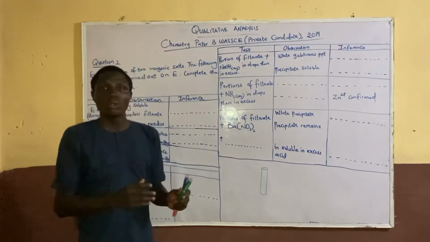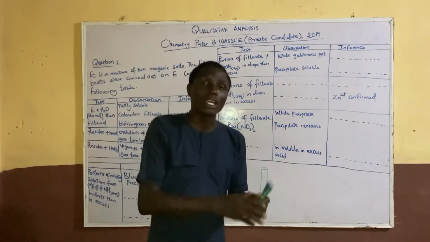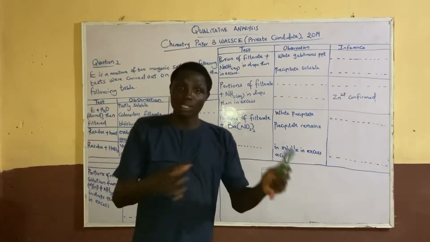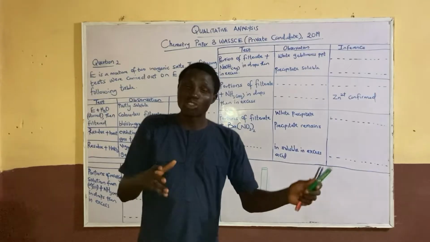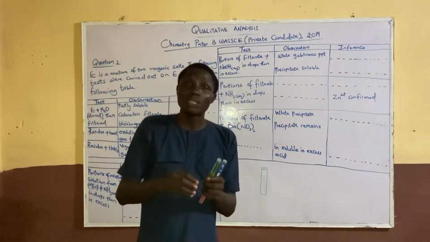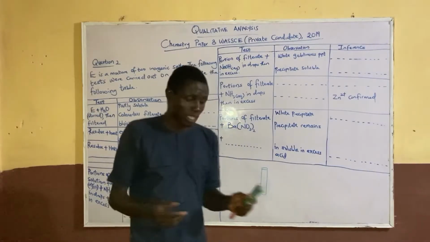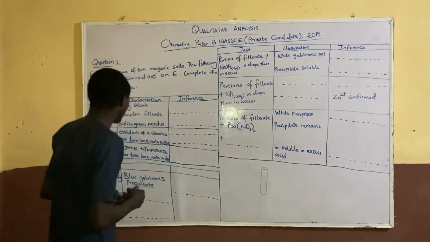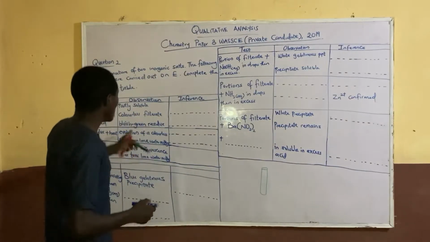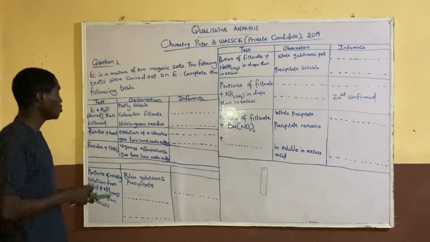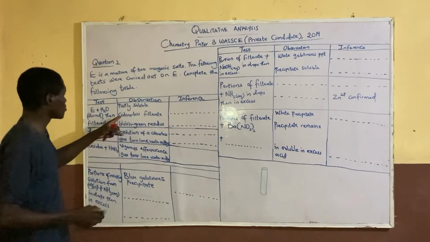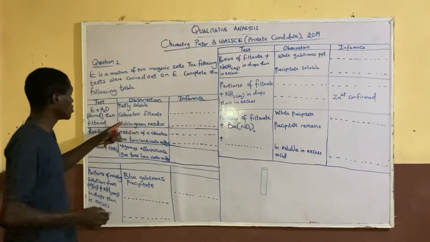The one that dissolves forms a colorless, transparent solution, and the one that remains undissolved is called the residue. And let's do it together. Partly soluble, colorless filtrate, bluish green residue.